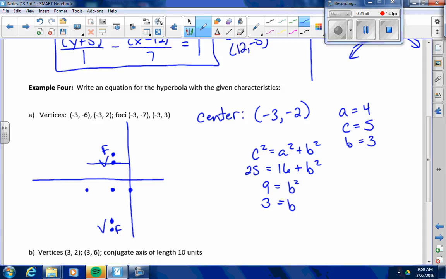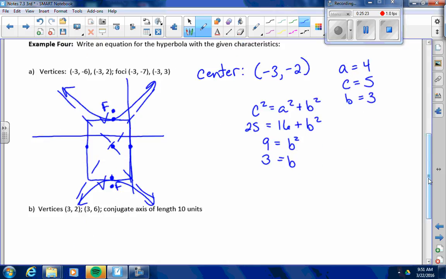We're going to draw a rectangular box. We are going to draw in our asymptote lines. And we said this one opens up and down. And so finally, we're going to write our equation. In the equation, what has to come first? The y's.